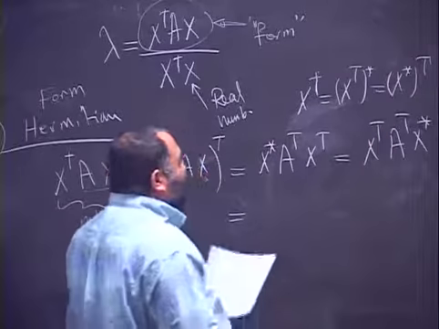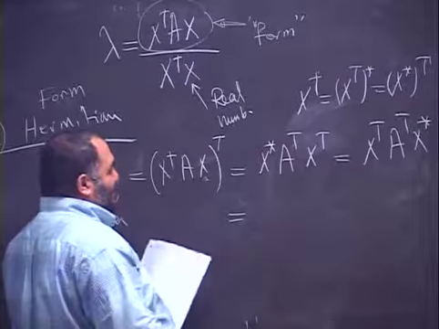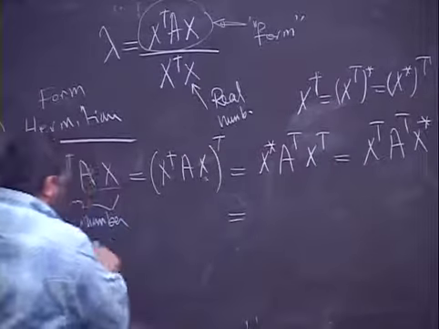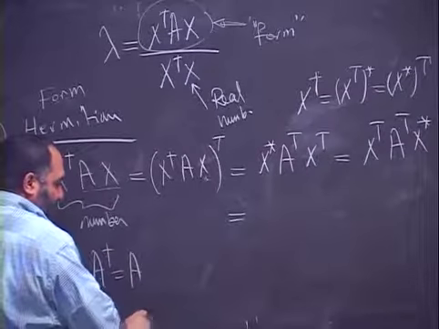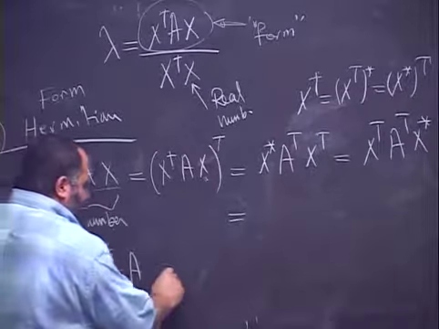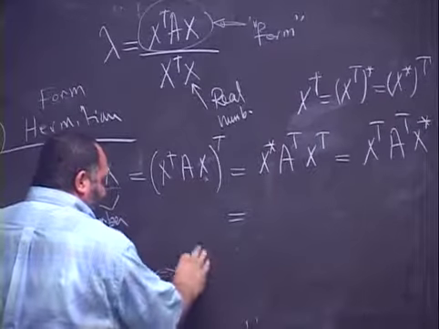Now, if my matrix is Hermitian, what does it mean? Hermitian, A dagger equal to A. A dagger is A star transpose.